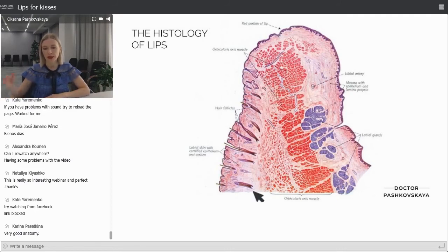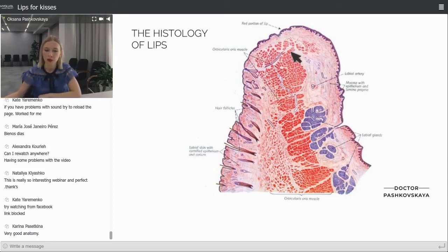And now look, it's like a slice of our lip. I think it's the lower lip. Here we have hair, skin, then the vermilion border and mucosa. It's the oral part of the lip.